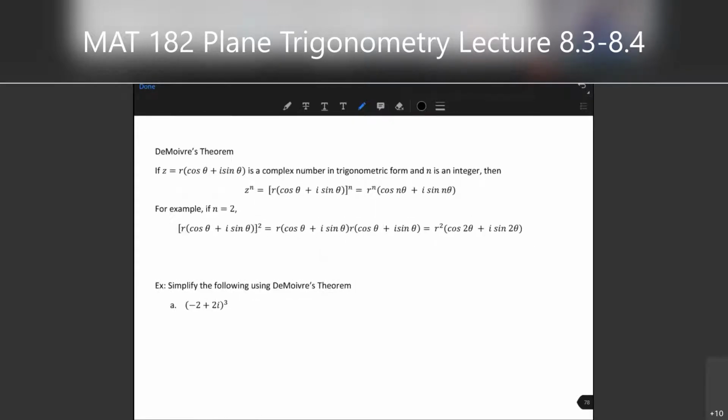All right, so this last one is a power rule. It's called de Moivre's theorem. And this is again a power rule, because we're going to be taking this complex number and we're going to be raising it to some n power.